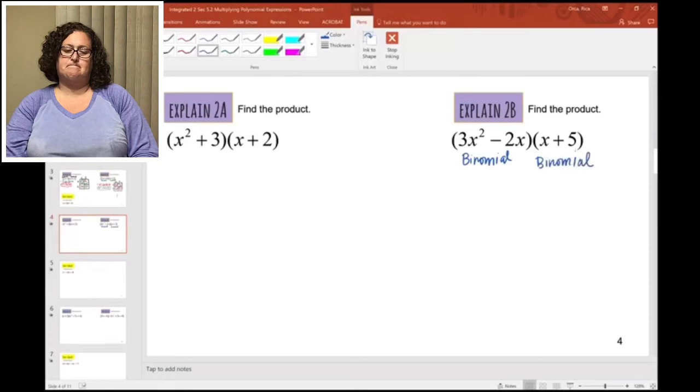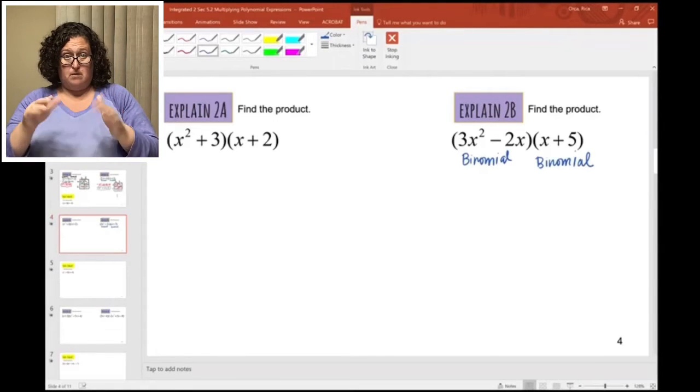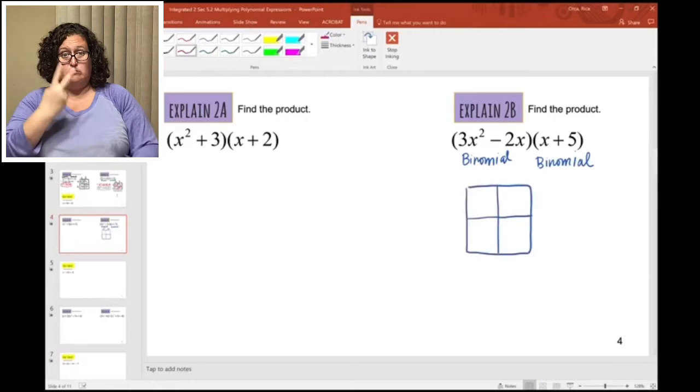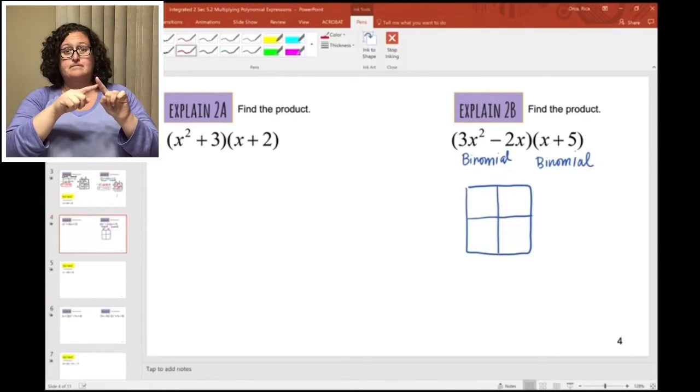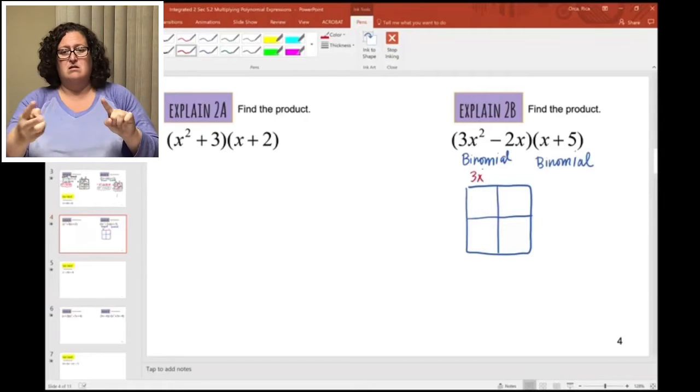So when I draw my box, I want to draw a box that has two columns and two rows. At the top of my box, I want to write out the first binomial, which is 3x squared and negative 2x. On the left side of my box, I want to write the second binomial, which is x and 5.